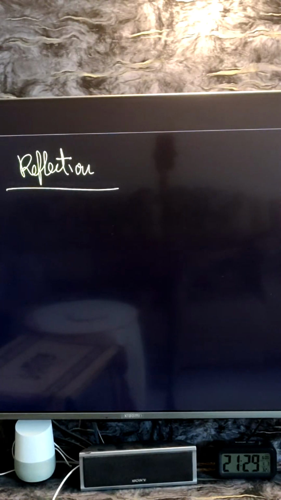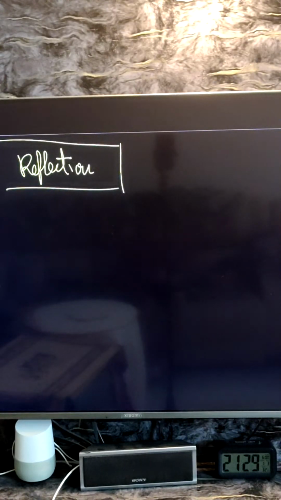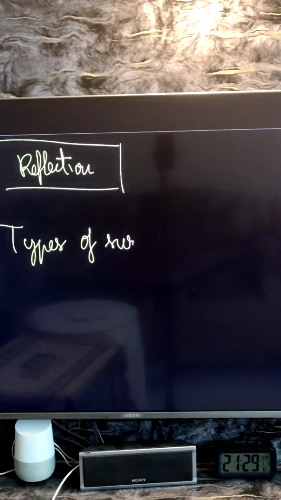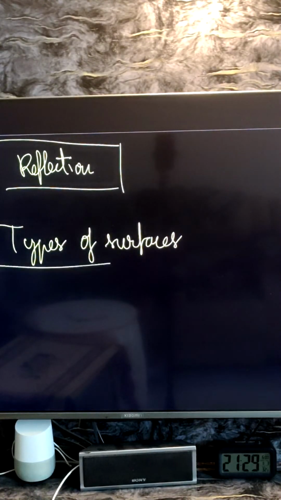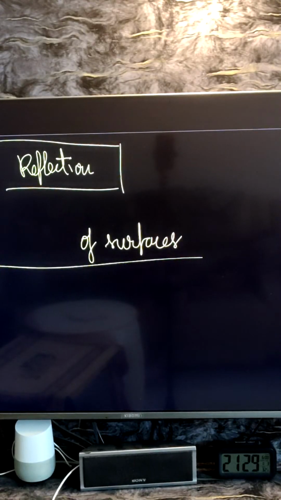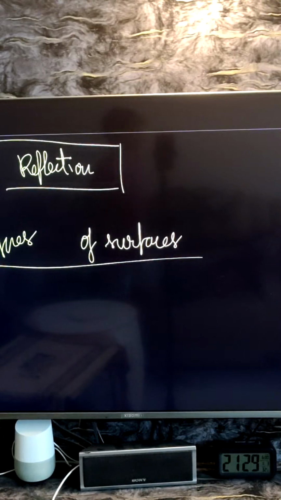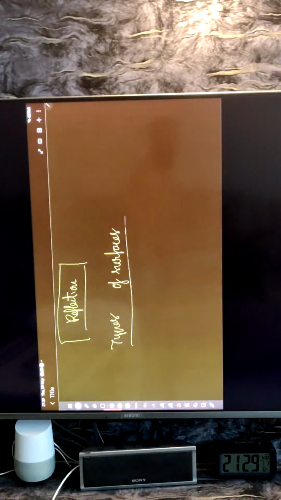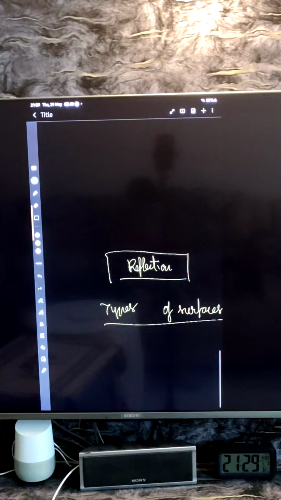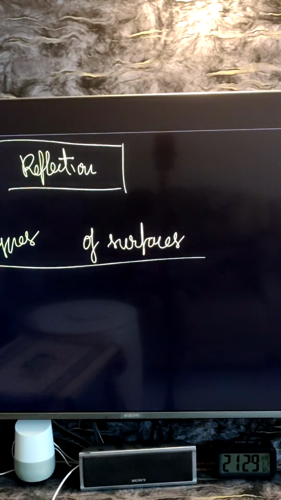Alright, as we're done with reflection, now let us move on to types of surfaces. So in types, there are three types mainly.